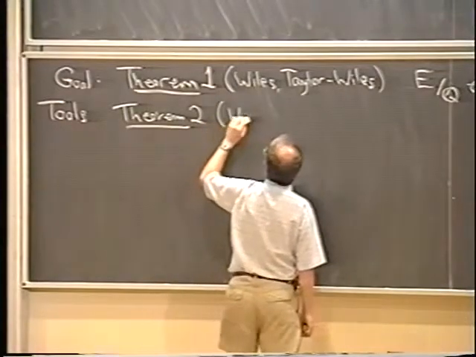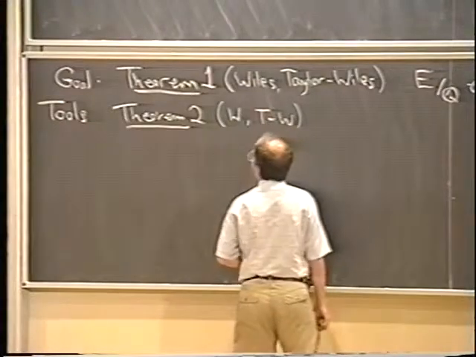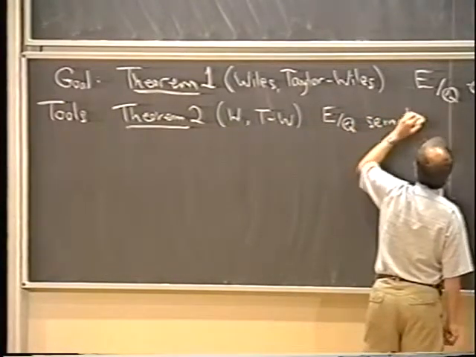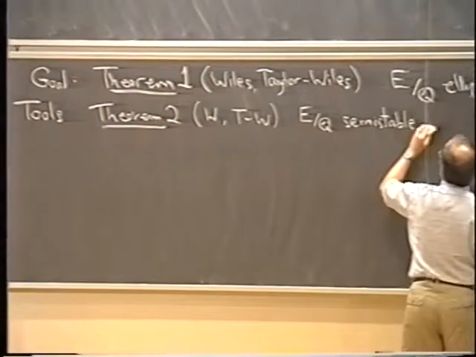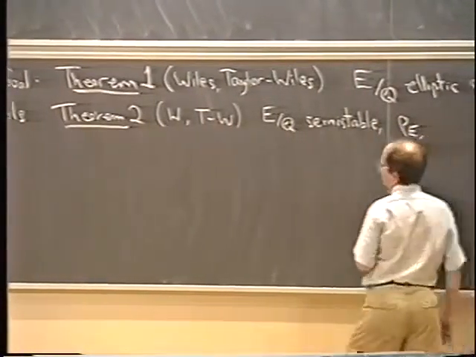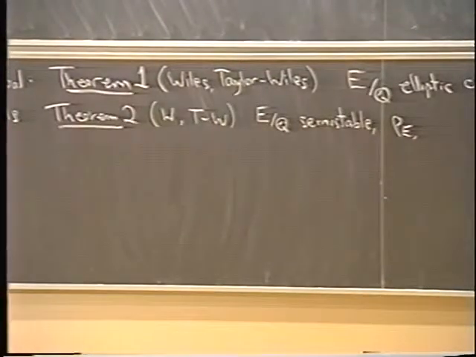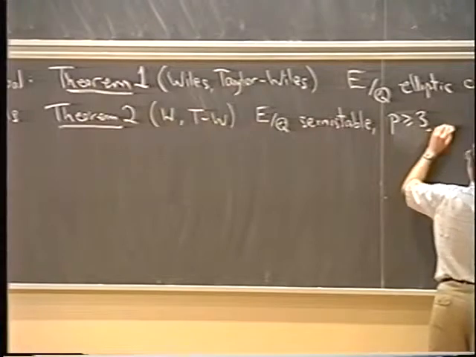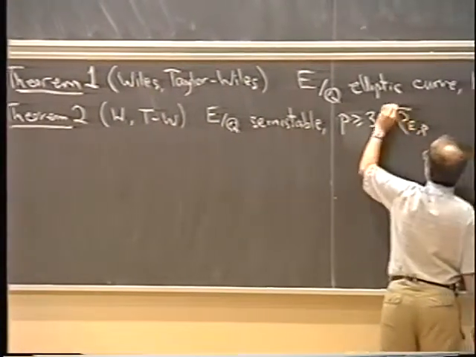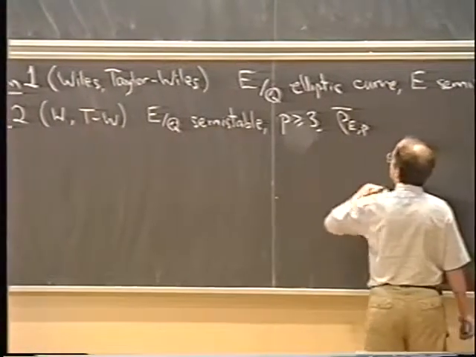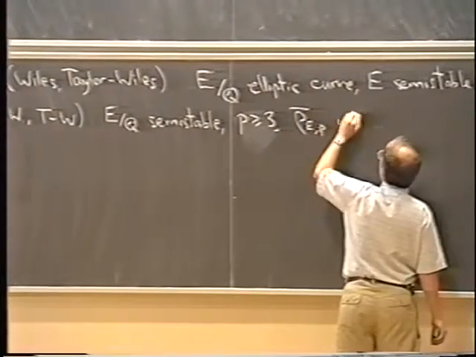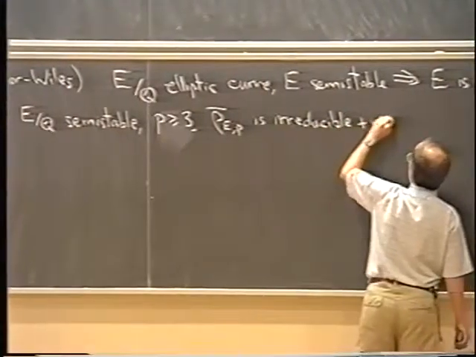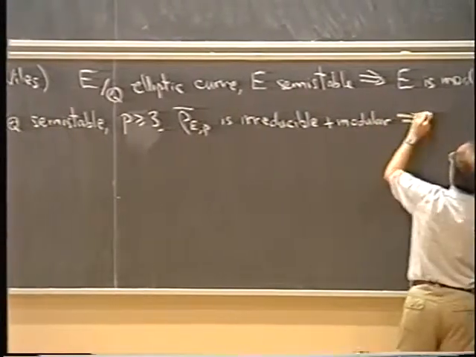The first, which also comes from the papers of Wiles and Taylor-Wiles, says that if, again, E over Q is semi-stable, and P is a prime at least 3, and we have two important conditions, namely the mod P representation on E, which I'll call rho E P bar, should be both irreducible and modular, then E is modular.